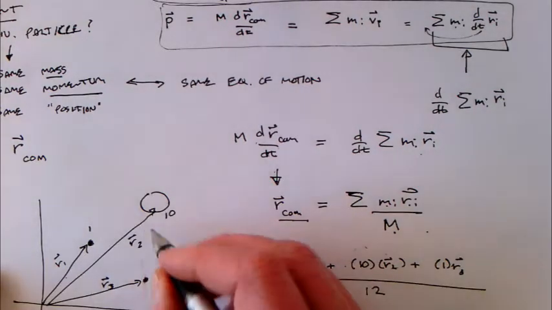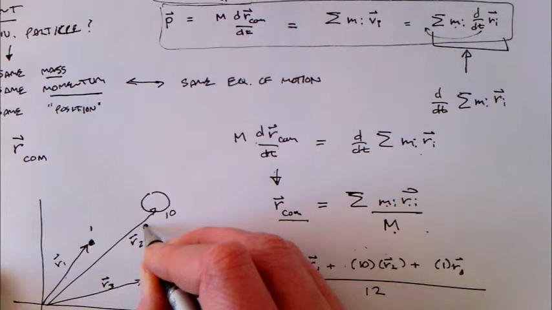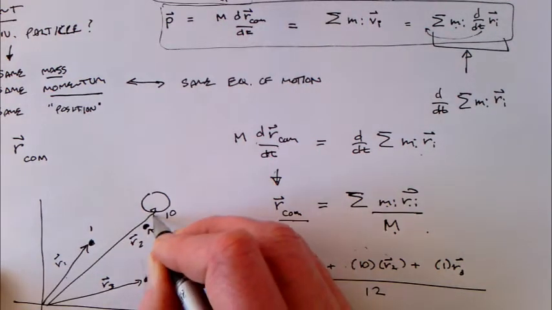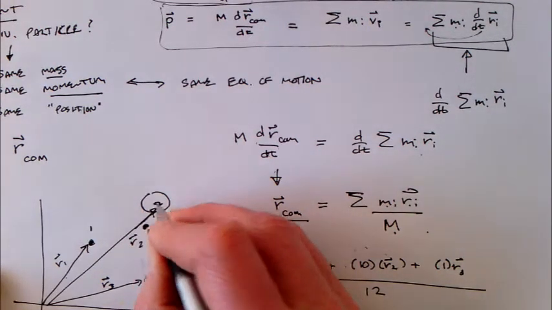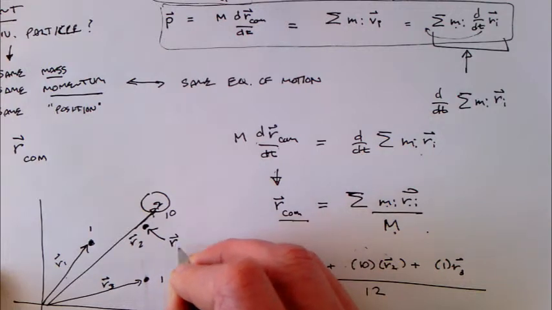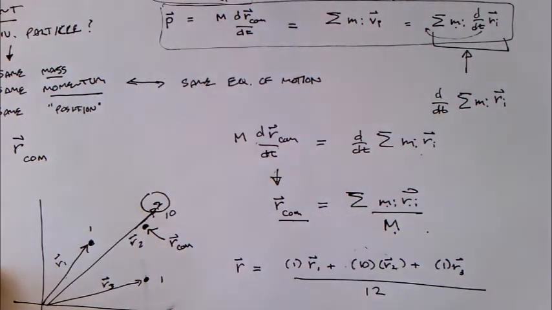In other words, my center of mass position is probably going to be someplace pretty close to the center of this guy, right? So this is about where my center of mass location is. Okay? So it makes physical sense. It's actually the average location of the mass inside of this object.